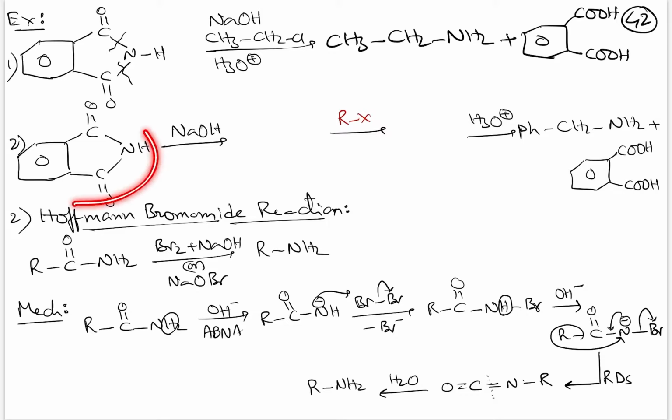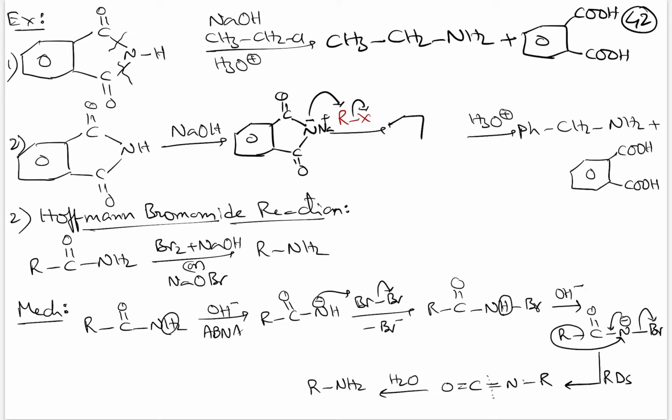And then phthalimide on reaction with NaOH we will get the salt first, and this will go and attack on alkyl halide and will result in the formation of the N-alkyl phthalimide like this, and now this compound on hydrolysis will break like this and should result in the formation of alkyl amine RNH2.